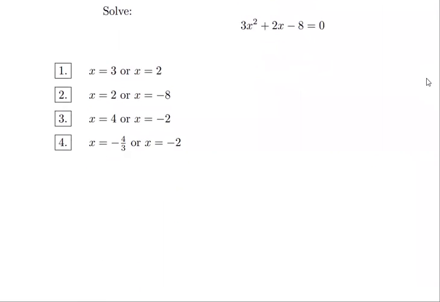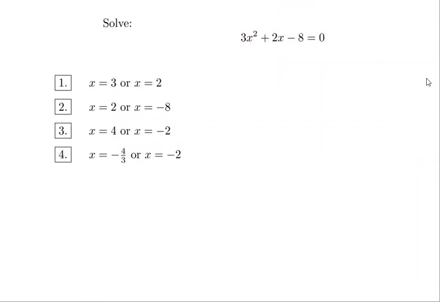Again, to solve 3x squared plus 2x minus 8 equals 0, we have to find the product of the first and last term. So we do 3 times -8, which is equal to -24. Then we just have to find two factors of -24 that add up to 2.